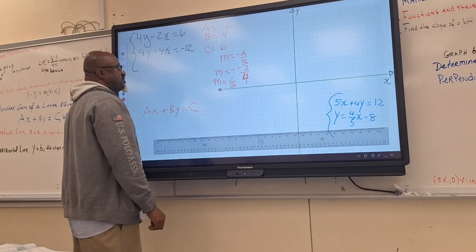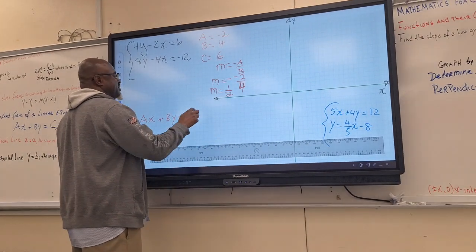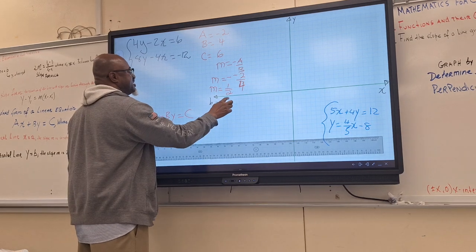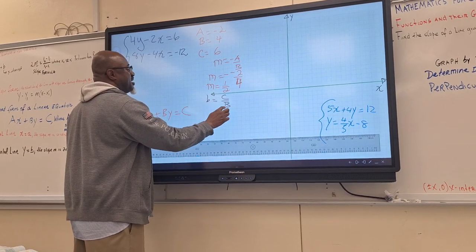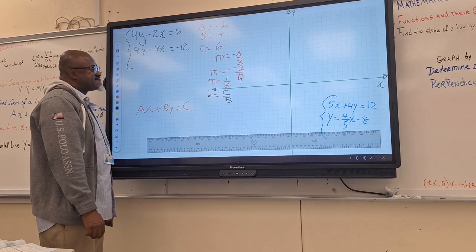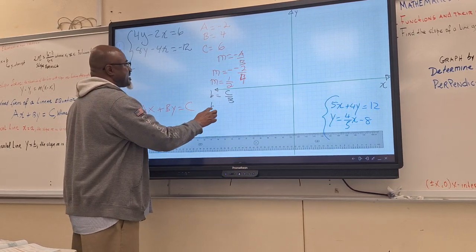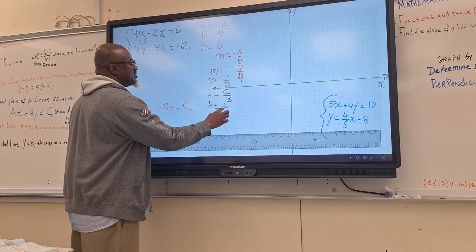That's your slope. Now to find your y-intercept, b is C over B. In this case, what is that? 6 divided by 4, that will be 6 over 4.